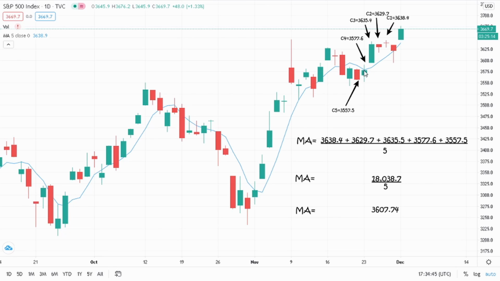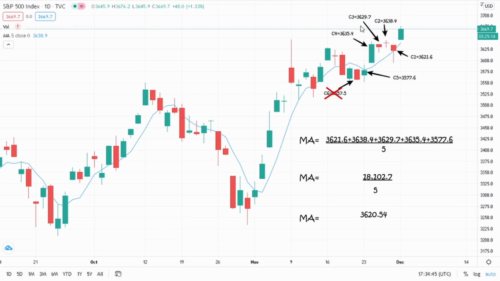To further this example, let's see what the point here would be, and this is the moving average for November the 30th. Okay, so it's going to be the same equation, just different values. November 30th is now the first closing price, so that's $3,621.60. That goes right there.